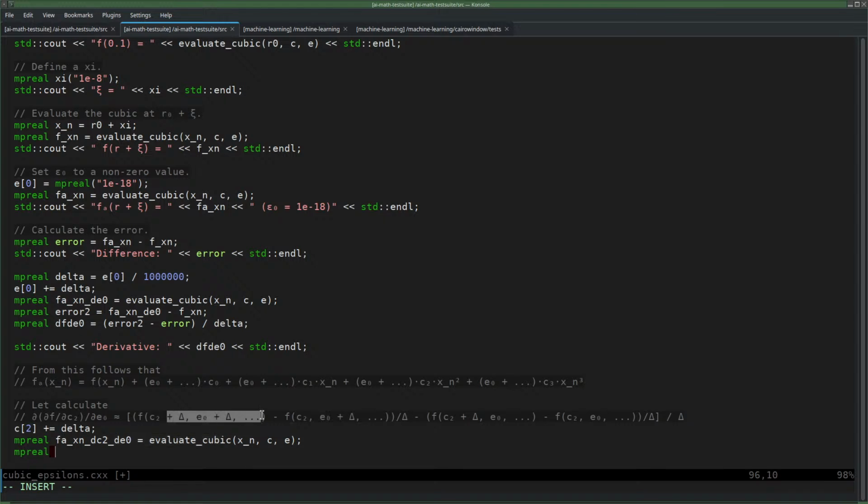So this is this one. This one is this one. This one is the last one, and we only need this one. So I just need to reset E0 to what it was. I'm just going to do that again, I think.